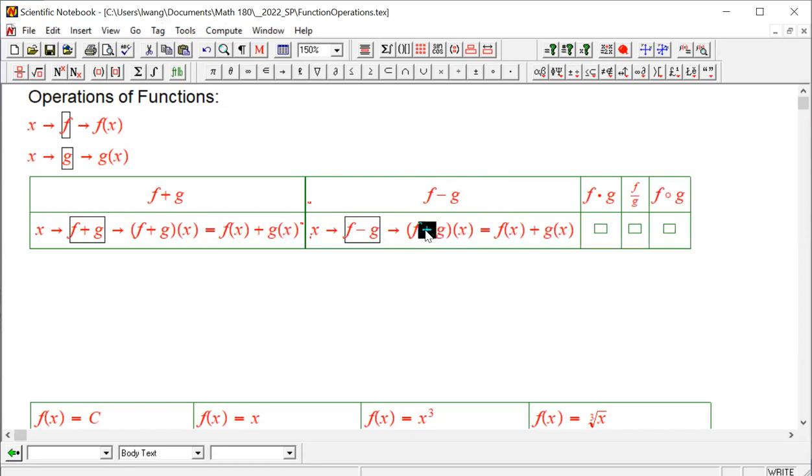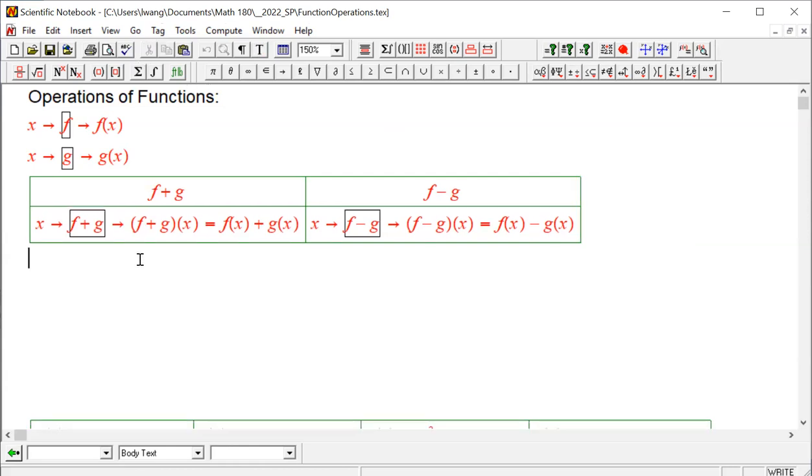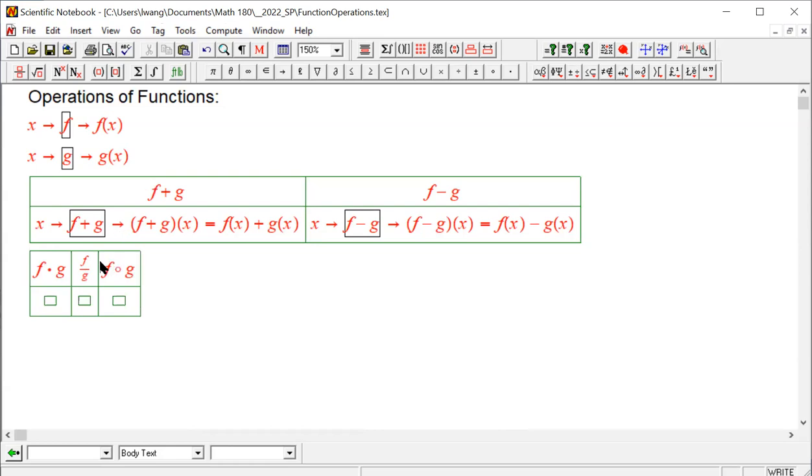So from addition it becomes subtraction. These are adding and subtracting of 2 functions. Then how about multiplication and division of 2 functions? I'm going to put this last. They're all important.